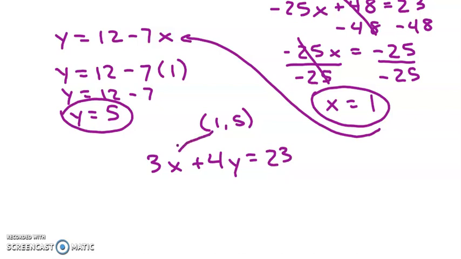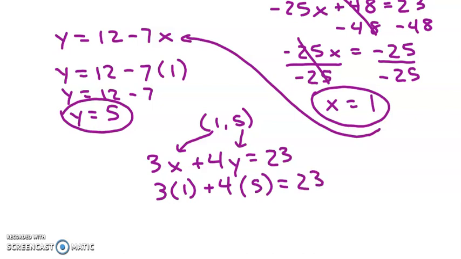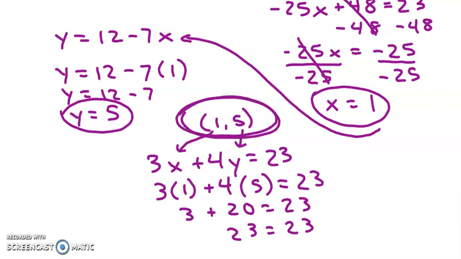I'm going to substitute those in just to make sure that this equation works with my point 1, 5. And I end up with 3 plus 20, and that does in fact hold true. So 1, 5 is my correct answer.